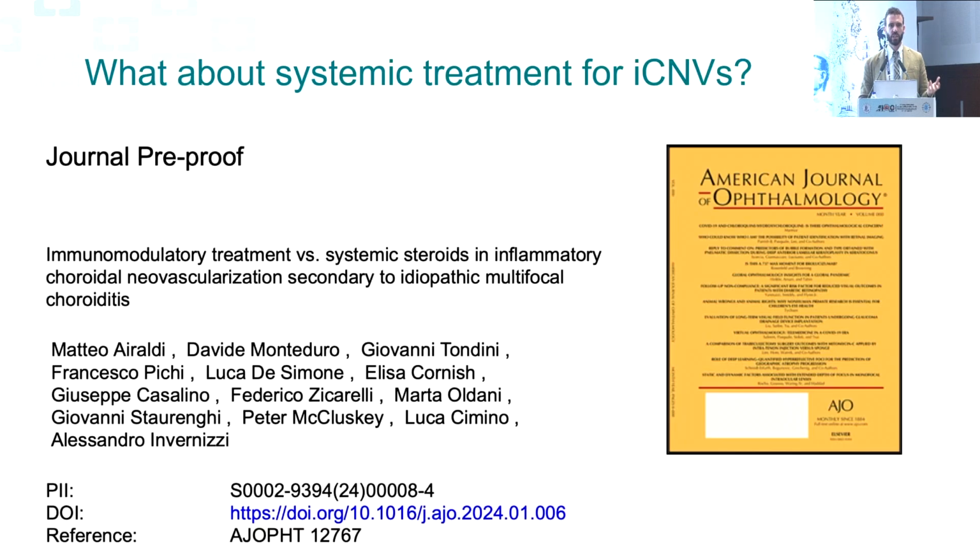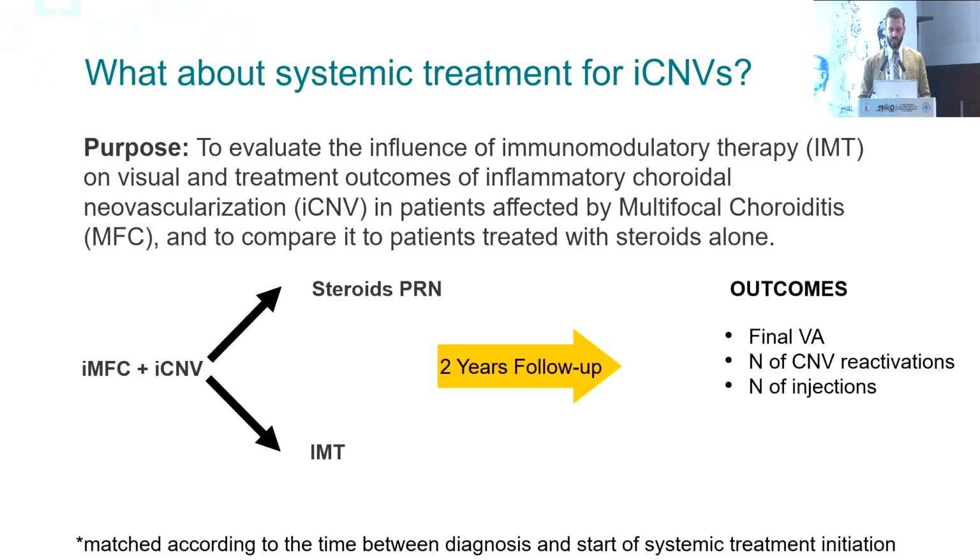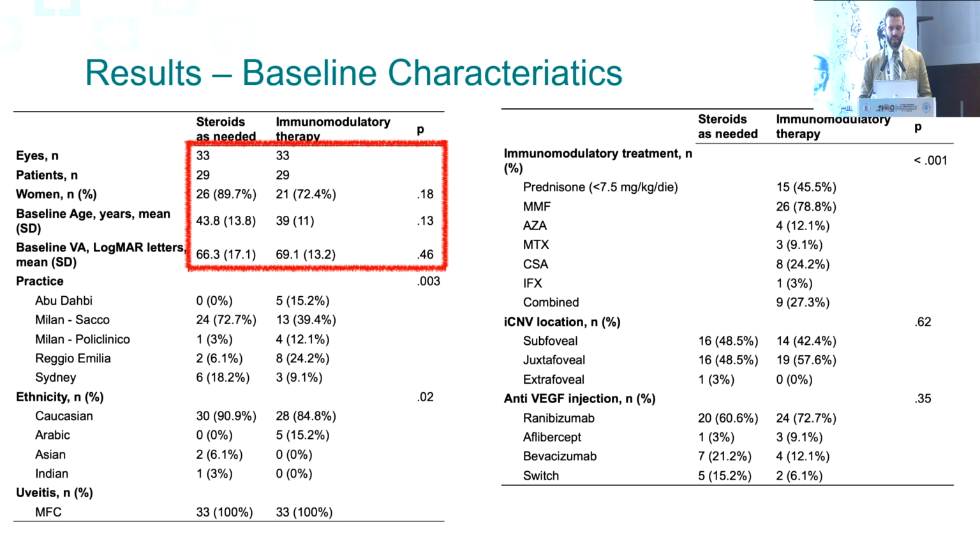But what about treatment? Because we are injecting, but at the same time we are treating the patients systemically. So we just published this paper where we are evaluating patients with inflammatory CNV divided in two groups, one treated with steroids PRN, and the other treated with immunosuppression. Now these are the baseline characteristics, very comparable between the steroids and immunomodulatory groups.